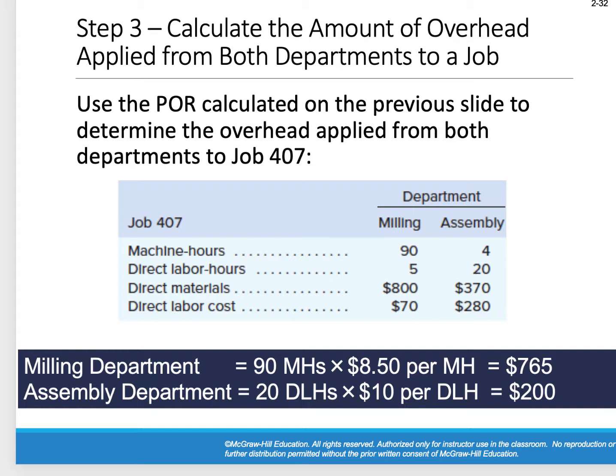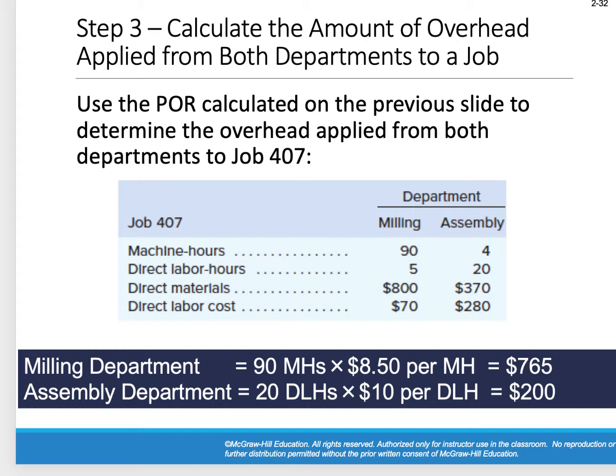So we know that job 407 requires 90 machine hours in the milling department, and in the assembly department it requires 4 machine hours. Okay, direct labor hours, well, in the milling department this job utilizes 5. In the assembly department this job utilizes 20 direct labor hours.